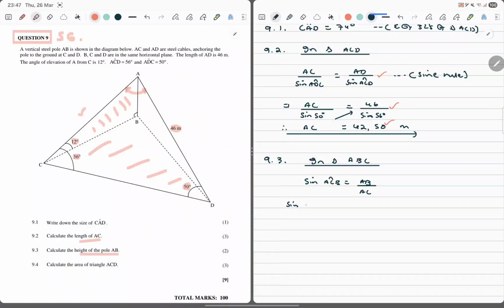So sine of 12 degrees is equal to AB, the pole, divided by AC, which is 42.50. Cross multiply. Therefore, AB is going to be 42.50 times sine 12. This gives us 8.84 meters to 2 decimal places.